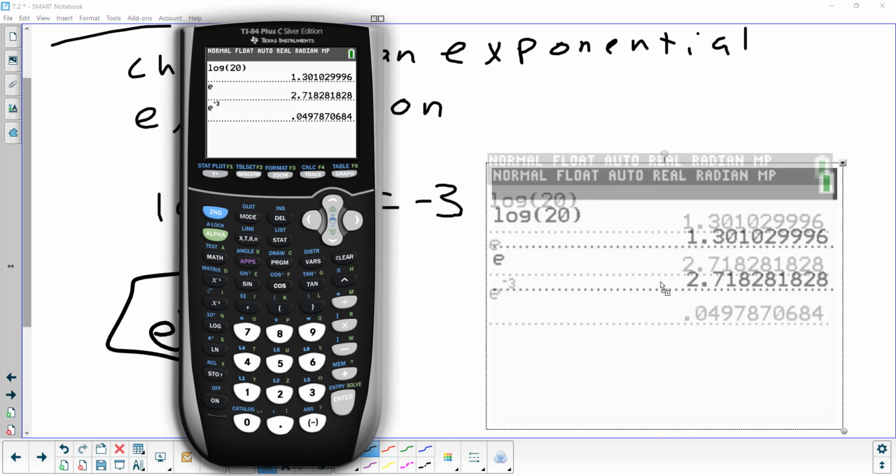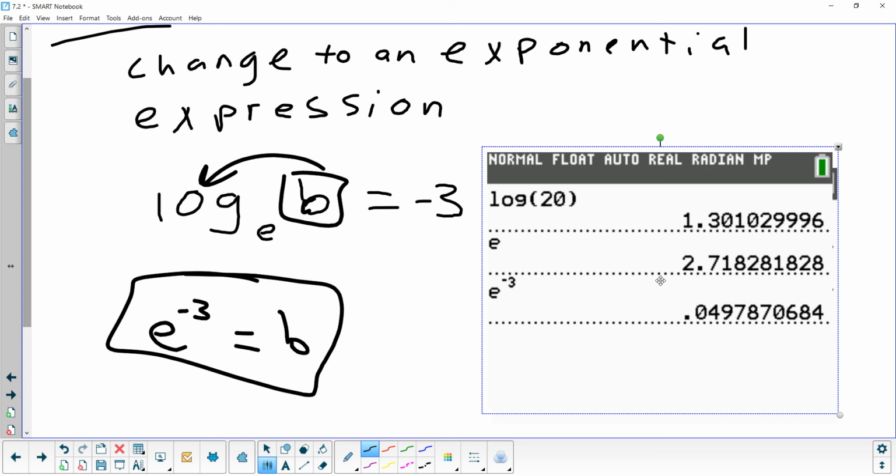So if they wanted an actual answer, it's 5 if you were to round it. Again, that wasn't the goal of this problem, to solve for the actual answer. They just wanted you to change it to an exponential expression. But it was kind of a good time for me to bring up e, because it came up. We'll talk more about e in a little bit.